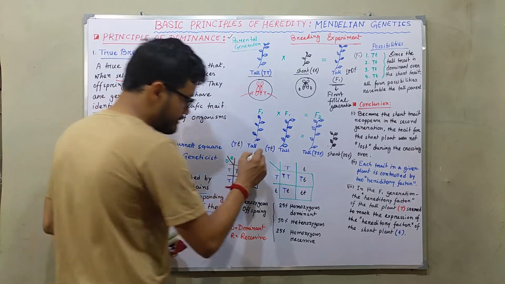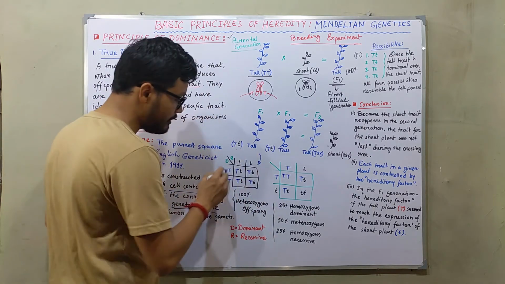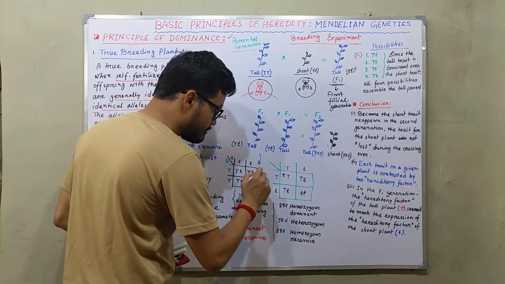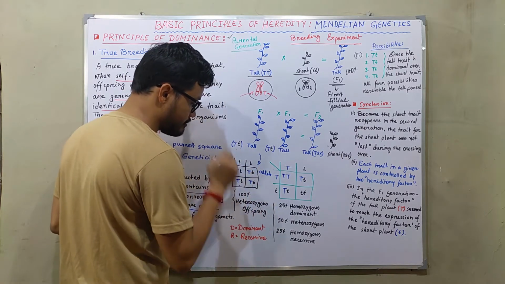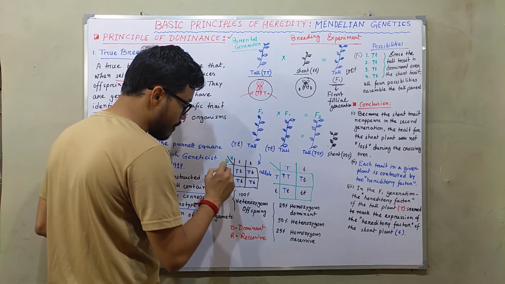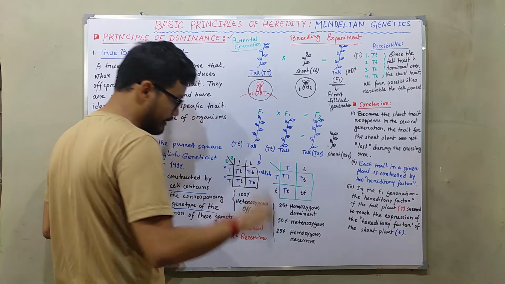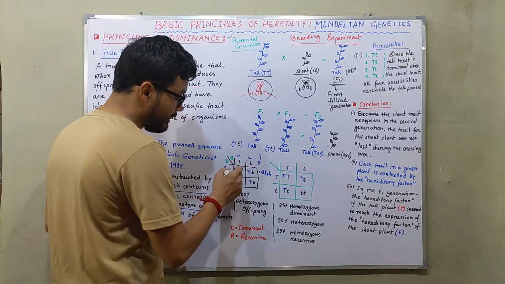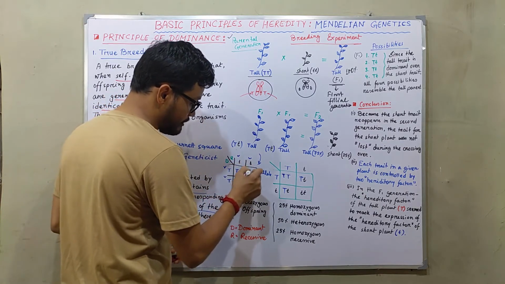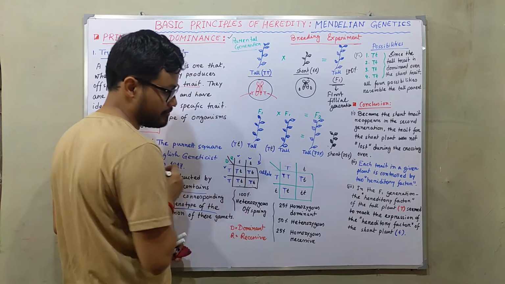If this is the Punnett square, each box contains an allele. Whenever we cross capital T capital T with small t small t, we get capital T small t, capital T small t, capital T small t, and capital T small t.